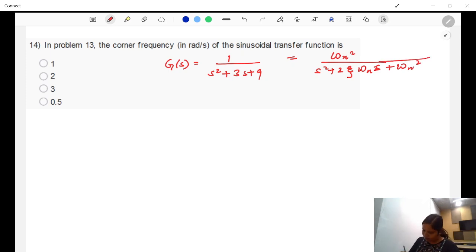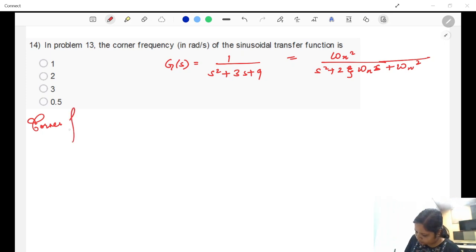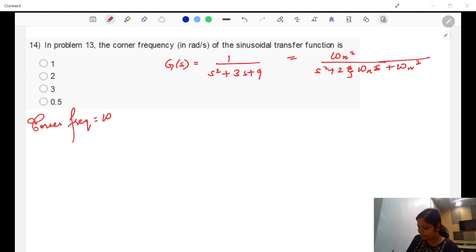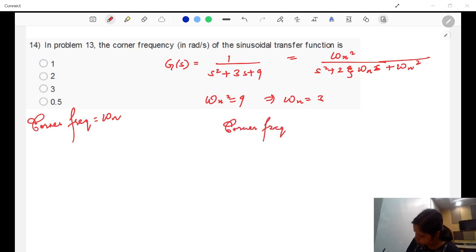We can compare this, and we know already from the notes also, you can see it was properly derived that the corner frequency in this case is omega n. Your natural frequency is actually the corner frequency for this case. So what do you get omega n to be here? Omega n square is equal to 9, right? So omega n is equal to 3. That's it. Your corner frequency omega is equal to omega n is equal to 3.